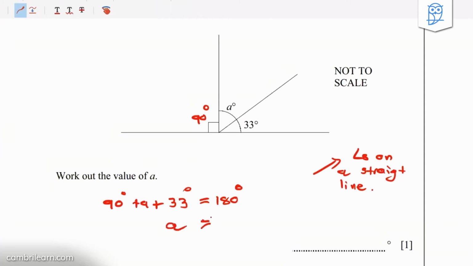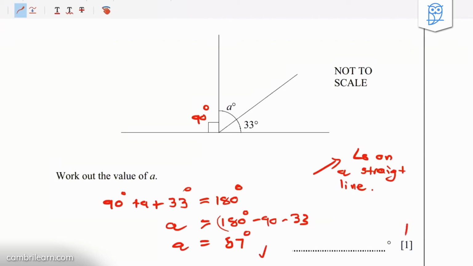We can say that a is therefore just equal to 180 minus 90 minus 33. So what is this equal to? This will just be equal to 90, and then 90 minus 33 is equal to 57. So there we have it. The final answer is 57 degrees. A is equal to 57.